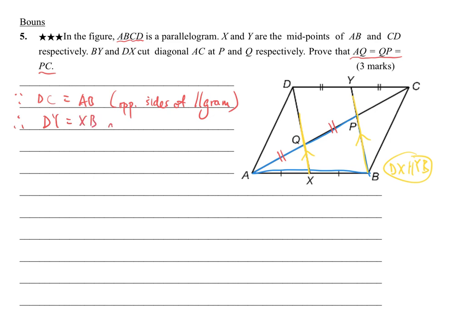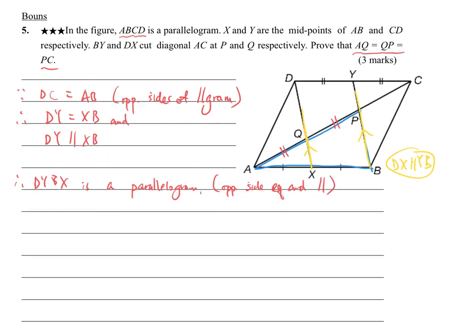Also we know that DY is parallel to BX. So as a result, DYBX is a parallelogram. The reason is opposite sides equal and parallel.